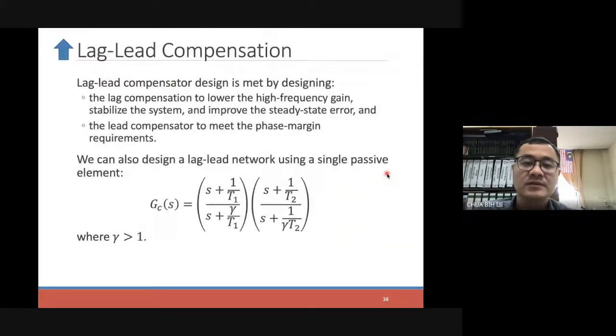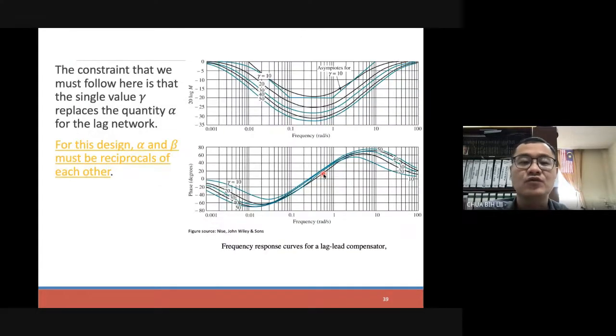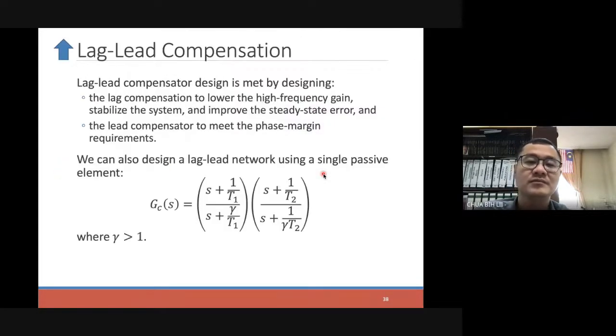This one I will not go into detail. I will not cover this one; you just have to get exposed, that's all. You may also design for a lead, like a lead, which means your PID design.